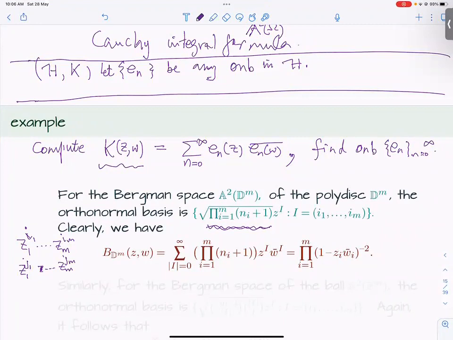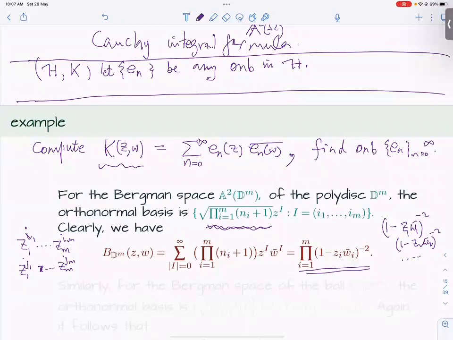If you do that, the main point is the answer for your Bergman kernel would be the Bergman kernel of the disk, but multiplied m times. Okay, so for the first copy of the disk, the Bergman kernel is (1 minus z_1 w_1 bar) to the power minus 2. The second copy will be (1 minus z_2 w_2 bar) to the power minus 2.